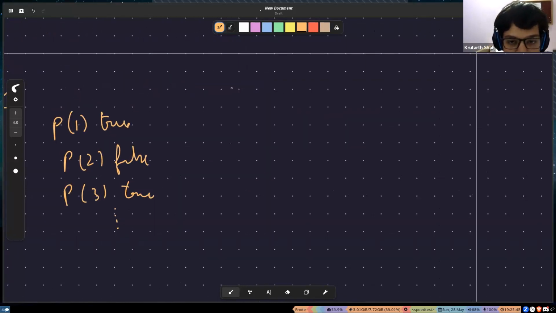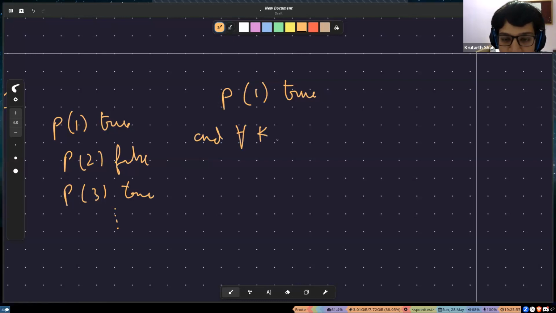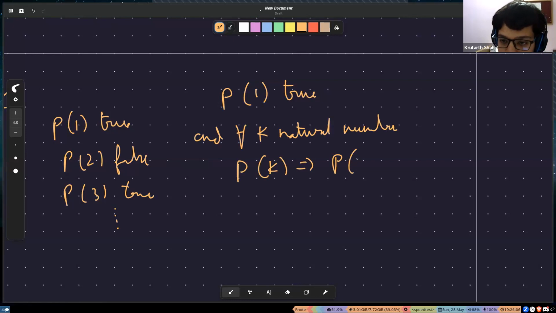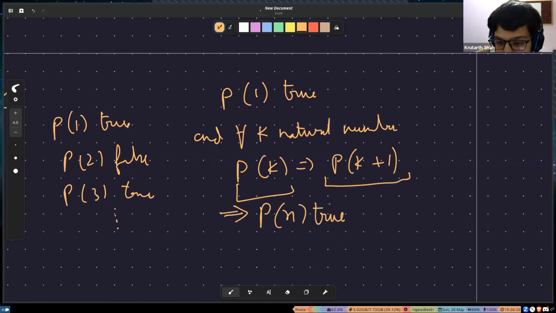And you have the following: you know that P of 1 is true, and that for whatever natural number k I choose, P of k implies P of k plus 1. So if P of k is true, then P of k plus 1 is true. Then by the principle of induction, P of n is true for all n.